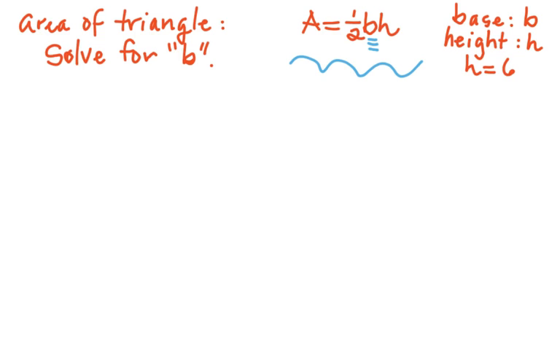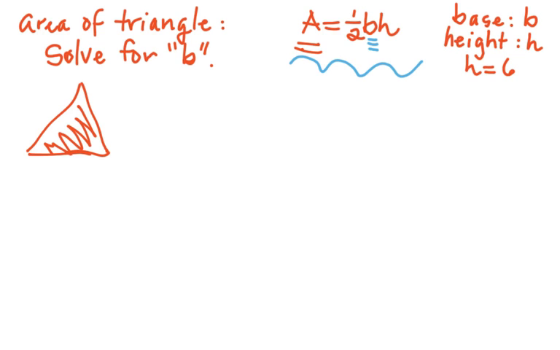So you may or may not remember that if I needed to find the area of a triangle, there's a formula for it. So that means if I have a triangle and I want to find the area, the space inside, basically I would use this formula: area equals 1/2 the base times the height.